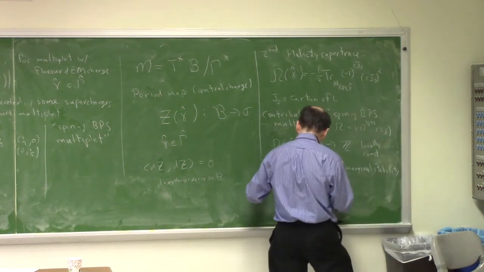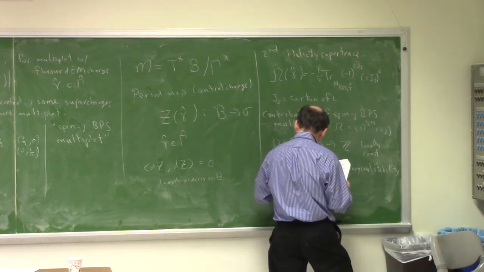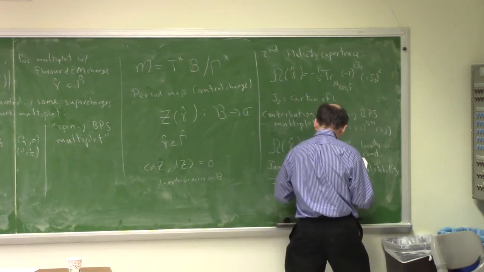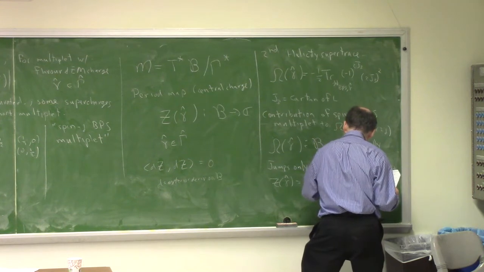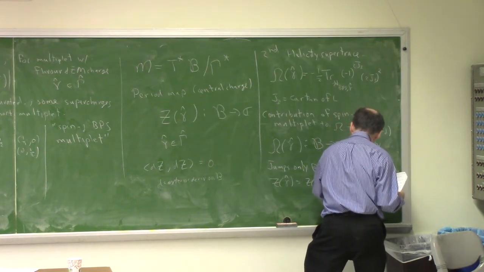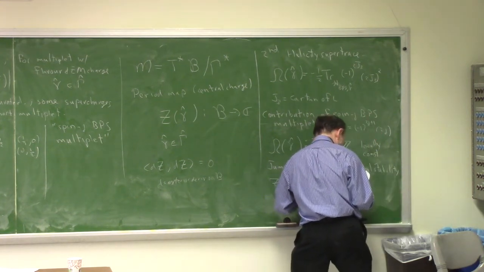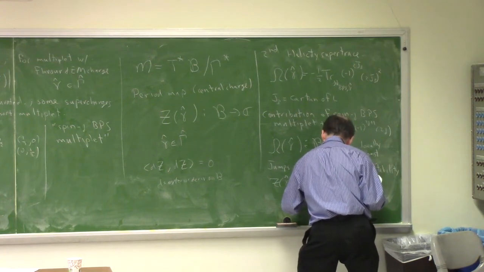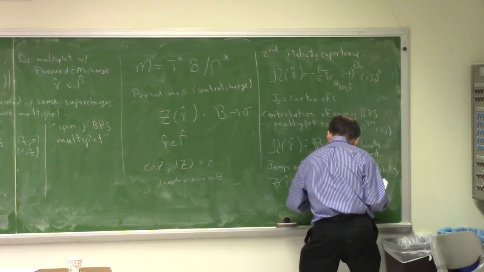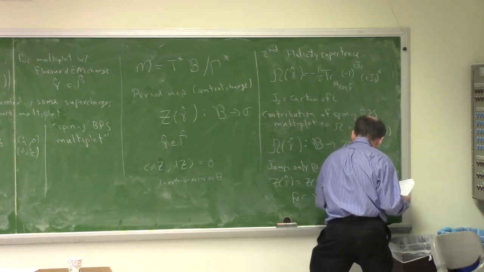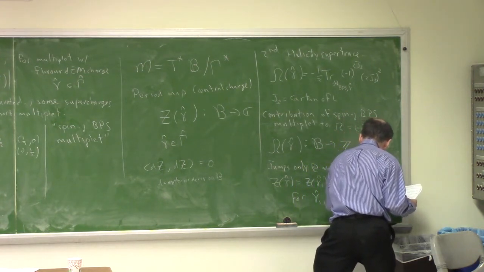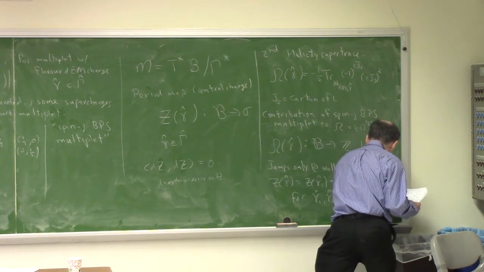These are places where Z of gamma is equal to Z of gamma 1 plus Z of gamma 2, where gamma is gamma 1 plus gamma 2.